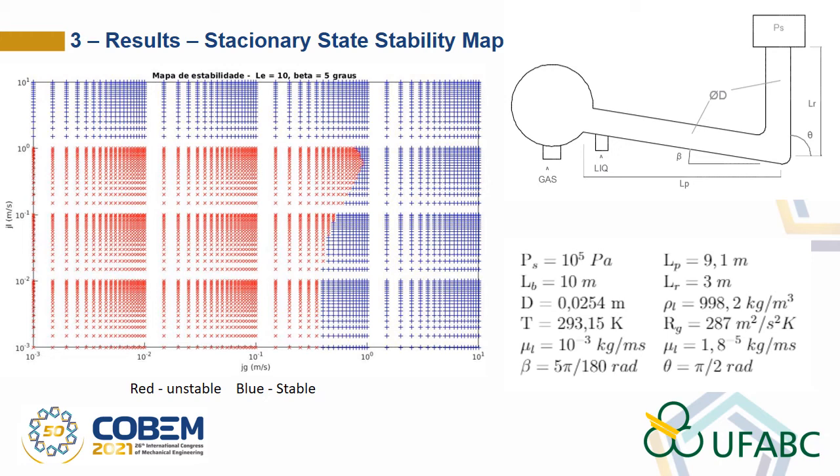For each pair of superficial velocities, we evaluate the stationary state and study its linear stability. The symbol marked in red in the figure means that the stationary state for the respective pair of superficial velocities is unstable, and the symbol marked in blue means that the stationary state is stable.